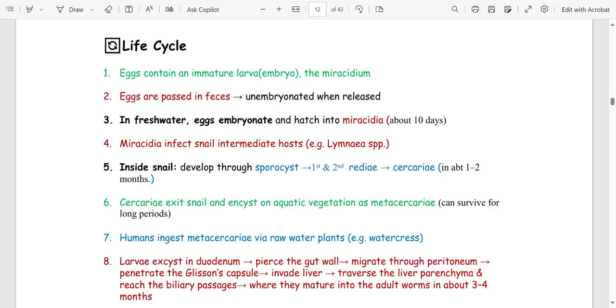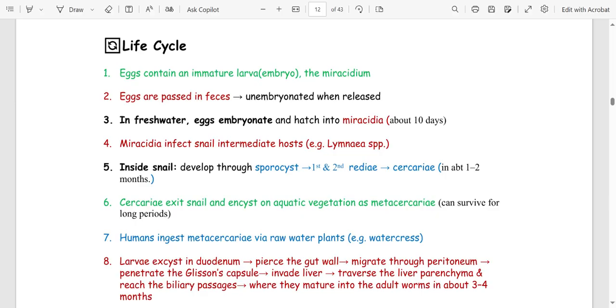They are going to hatch into miracidia, and this takes about 10 days. The miracidia then is going to enter the snail, which is the intermediate host.